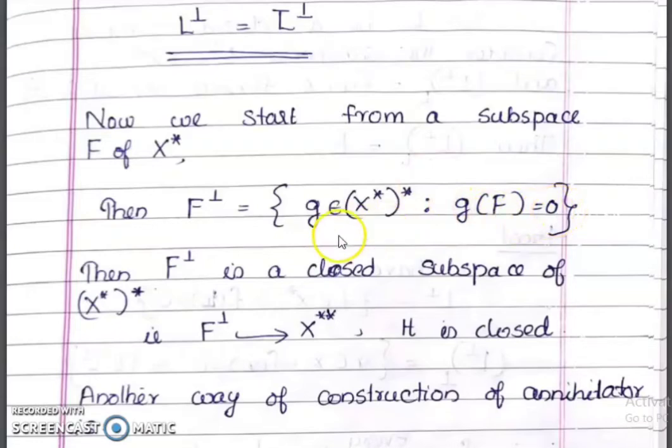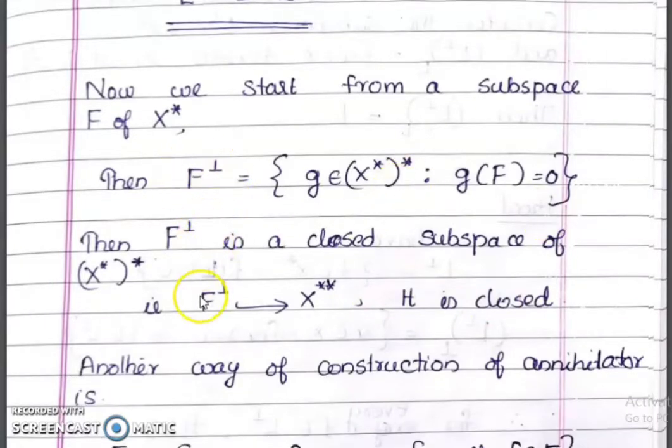Then F perp is a closed subspace of X double star. Thus we get F perp is a subspace of X double star, and it is also closed. This is one method to define F perp.